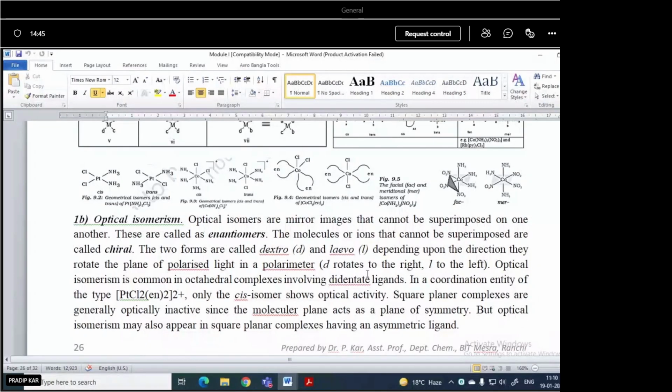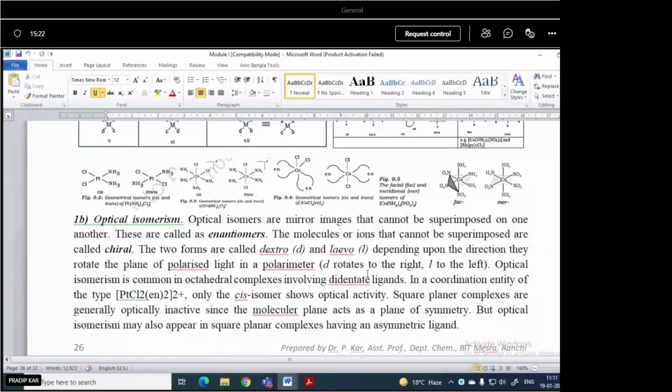A plane of symmetry is an imaginary plane within the molecule, not outside it, such that one half of the molecule is the mirror image of the other half. This is called the plane of symmetry.